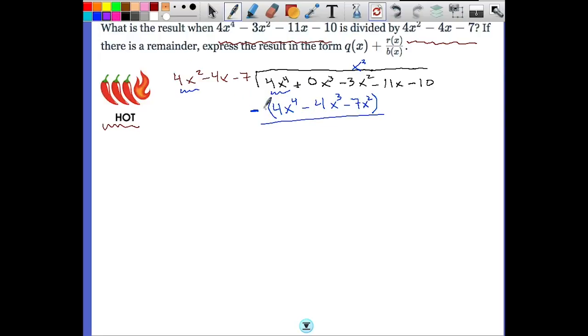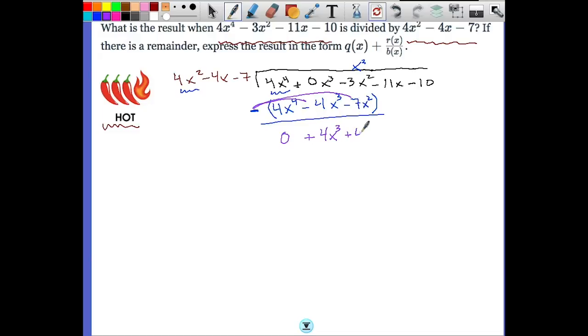Okay, so when I'm subtracting these, this goes away. Make sure we distribute this subtraction sign to all these terms here. So I have a double negative here that ends up being positive 4x to the third, a double negative here, and so that's a positive 7x squared. So it's minus 3x squared plus 7x squared.